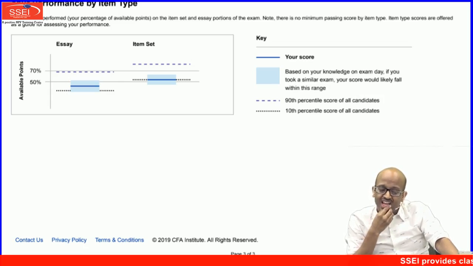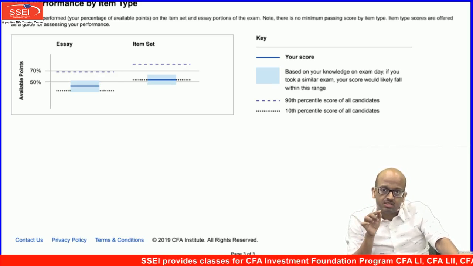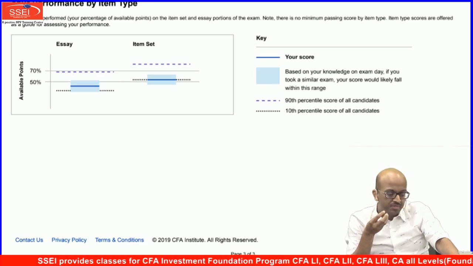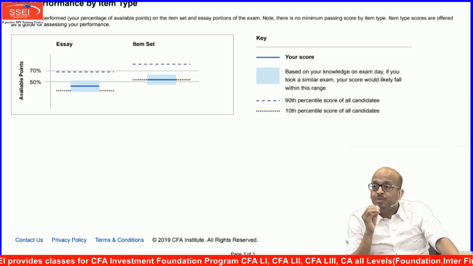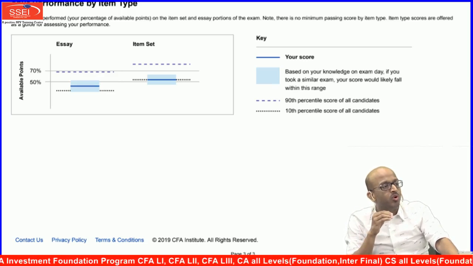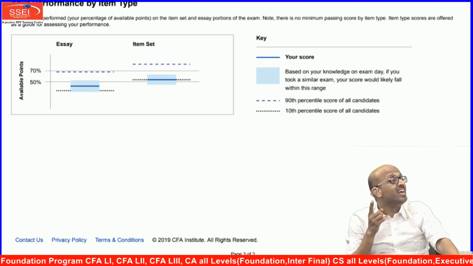In the essay, the dashed dark blue line is the 90th percentile score of all candidates, which was less than 70%. Essay is so difficult, the AM session, that people who are the 90th percentile are not able to score 70% of 180 points.